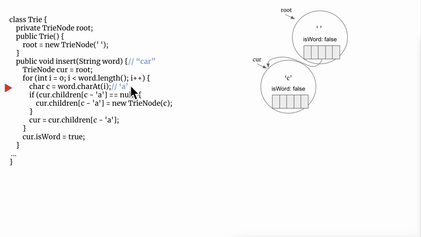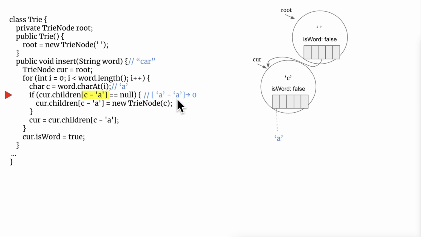We will continue our for loop to traverse the second letter of the given word car, which is character A. In this if statement, c represents the character we extract from the above statements, which is character A. So c minus character A means character A minus character A. What are we supposed to get?